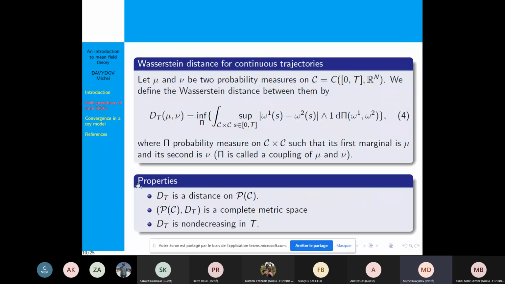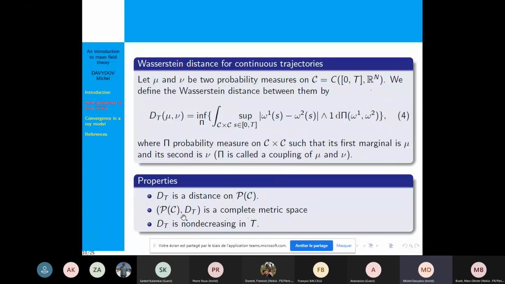So this is the distance that we introduce. It's kind of a barbaric term if you're not really familiar with it. It's called the Wasserstein distance. It's not really that important to understand exactly what it entails. All you have to understand is that it's a distance on the space of probability measures on continuous functions, and that it becomes a complete metric space with this distance.